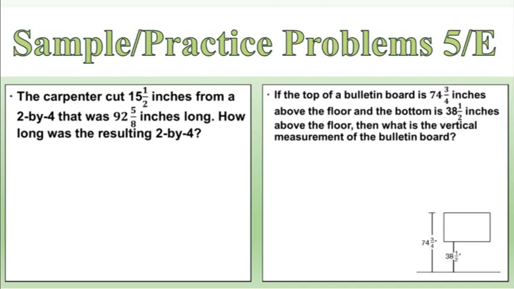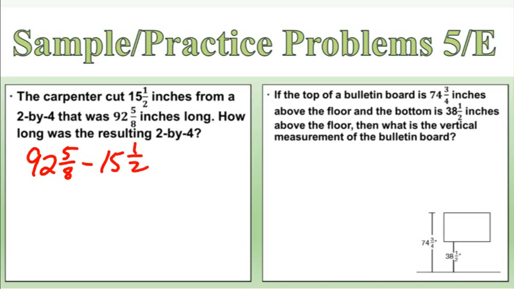And the last two questions. The carpenter cut 15.5 inches from a 2x4 that was 92 5/8 inches long. How long was the resulting 2x4? So they had 92 5/8 and they cut, so we're taking away 15.5.